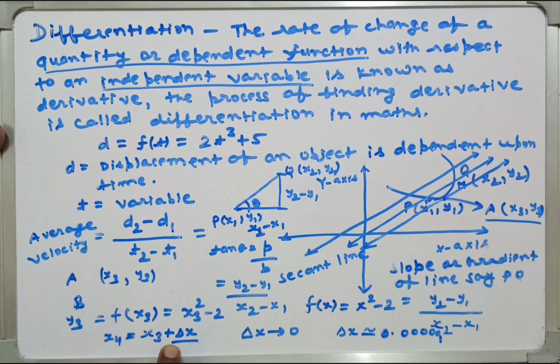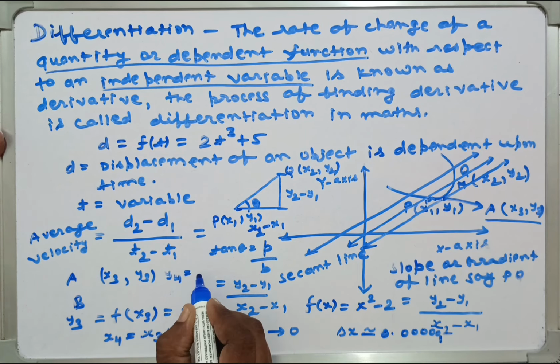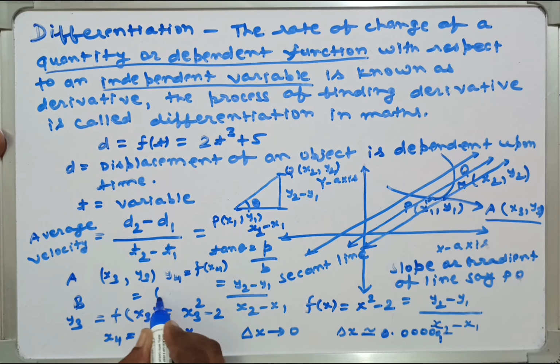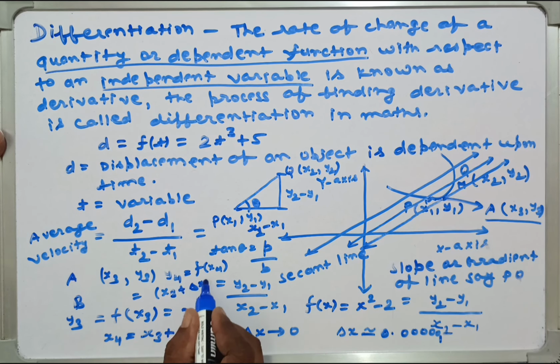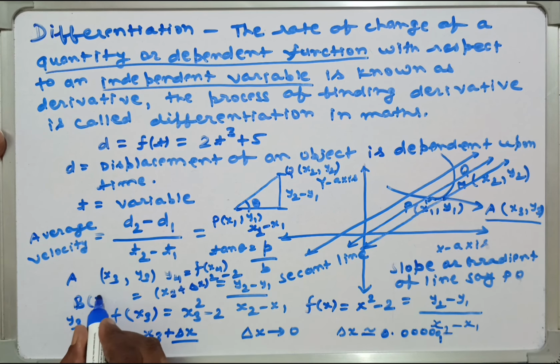So at this time what we write here is y4 equal to f(x4), since this will also satisfy the curve. Now you have point B with coordinates x4 comma y4.